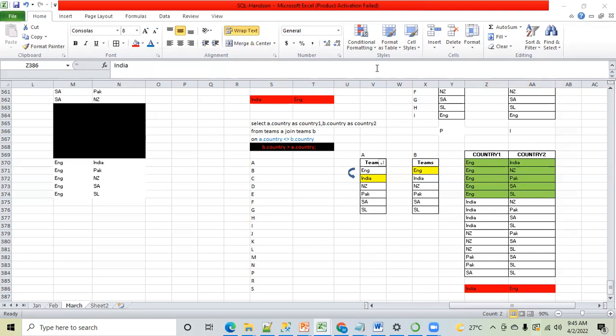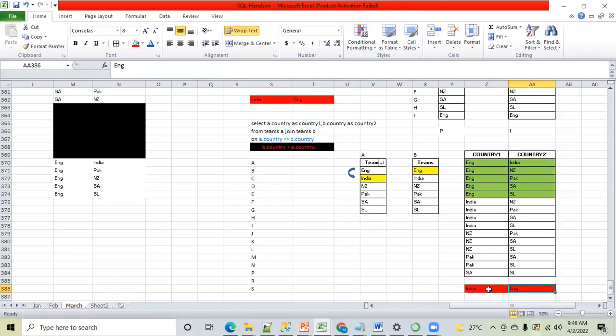Ayush, is it clear? Yes. Akanksha, is this clear? Yes. So if I'm showing you India with England, this will not make any sense, correct?